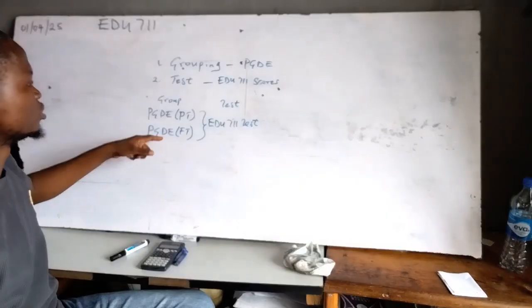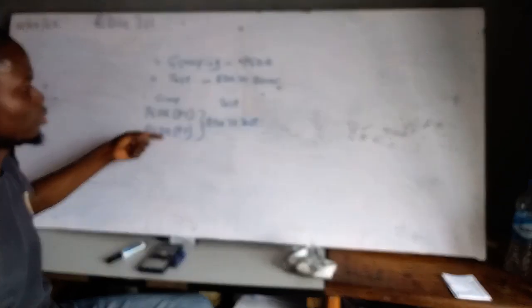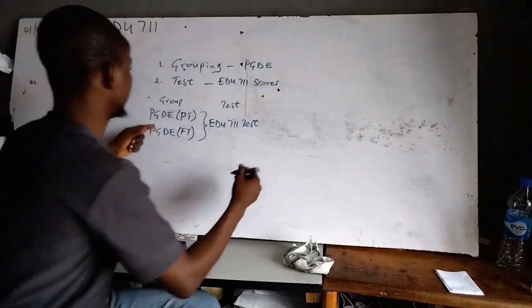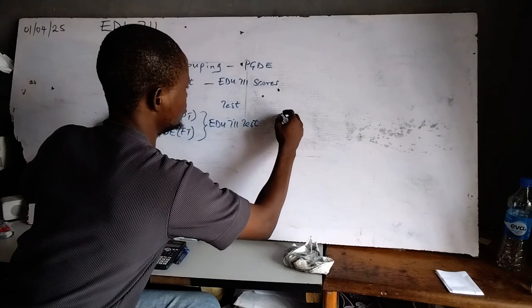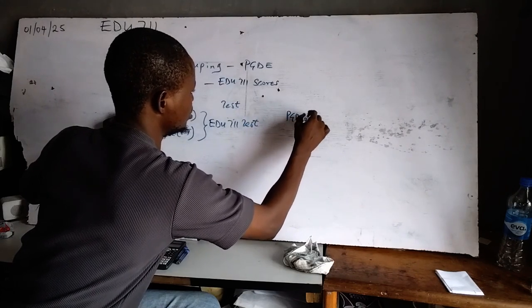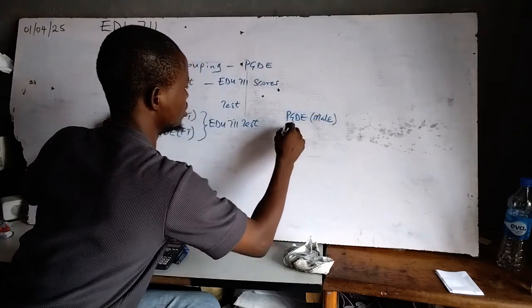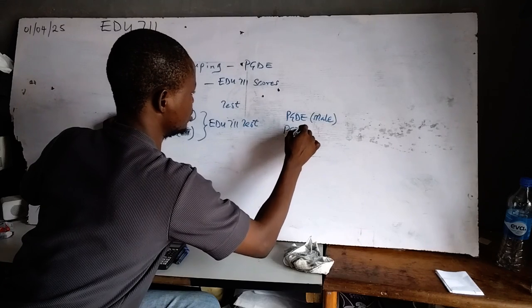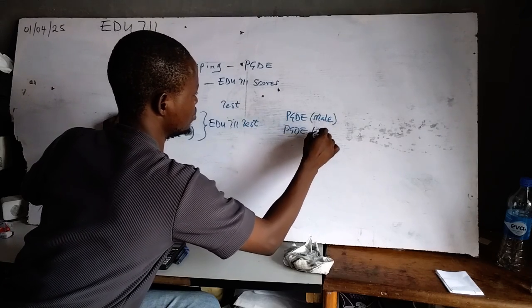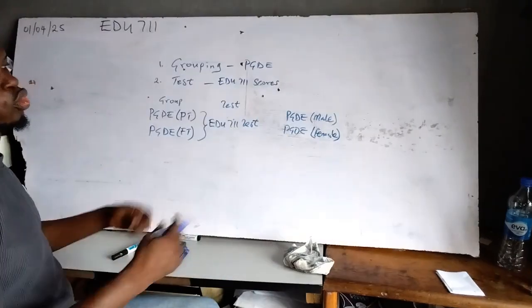This grouping could also be achieved in another way. For example, say PGDE male, PGDE female, and so on and so forth.